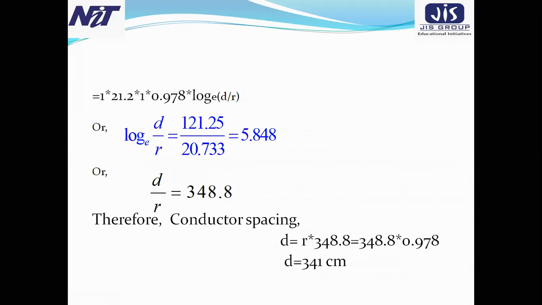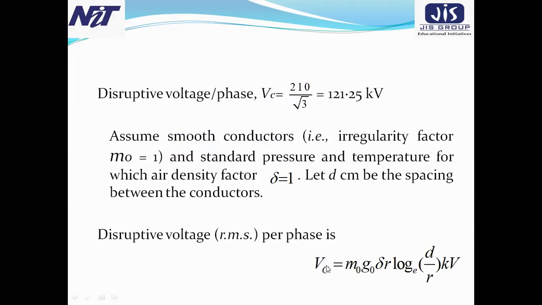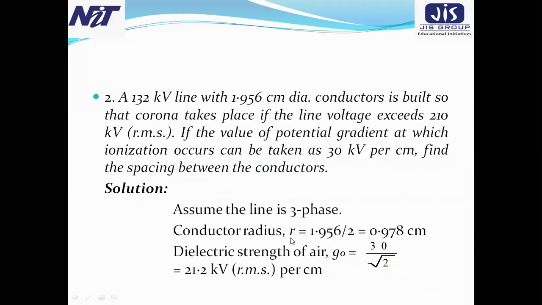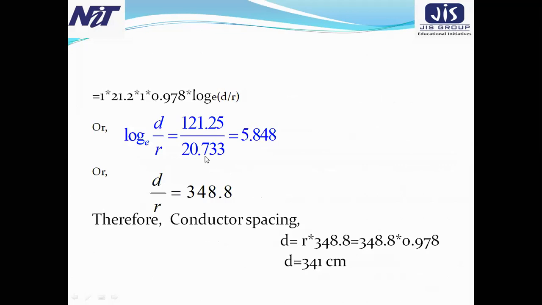We are not going to put the value of log d by R, we need to calculate it from all these values, because Vc is given as 121.25 and the radius is 0.978, so R is also here 0.978.